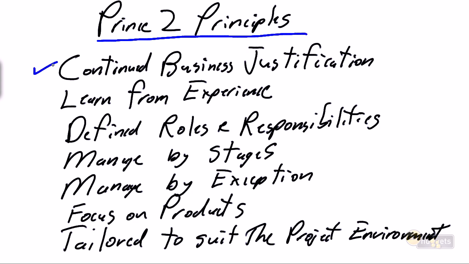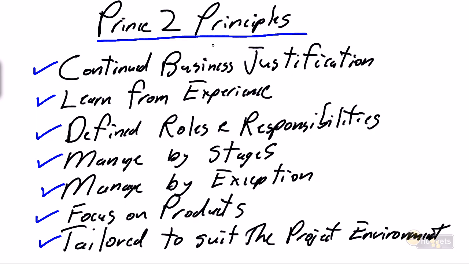They are continued business justification, learn from experience, defined roles and responsibilities, manage by stages, manage by exception, focus on products, and tailoring Prince2 to suit the project environment.